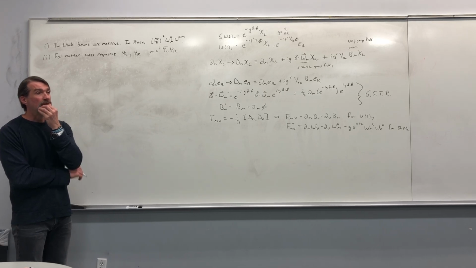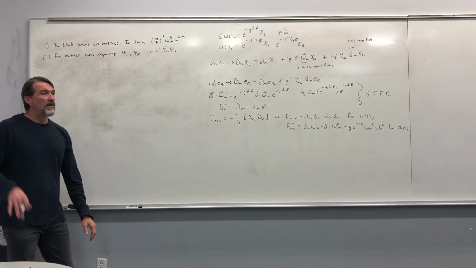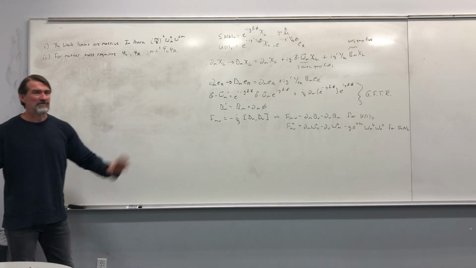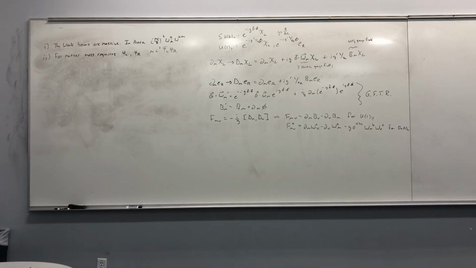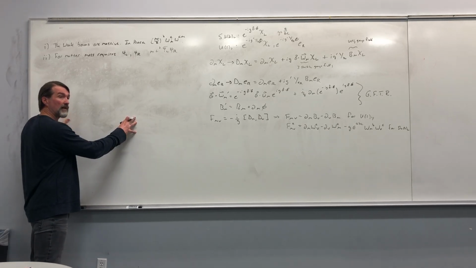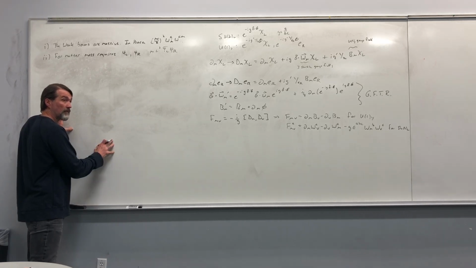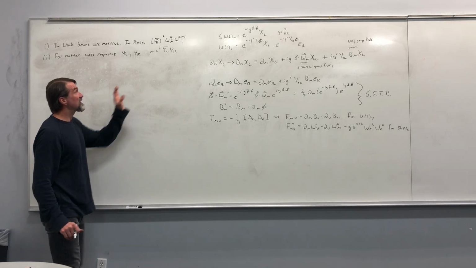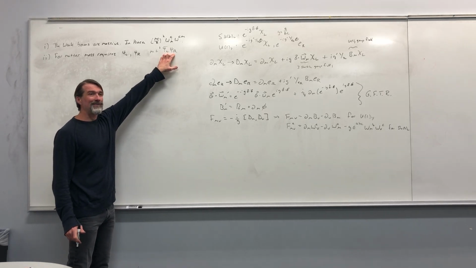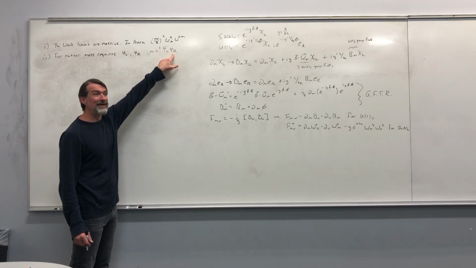Here's the problem. Before today, in all of the symmetry transformations we've talked about, there were no left and right parts of the story. Today, however, there is the left versus the right version of the story. And the left symmetry is different than the right one. The left is SU2 left, the other one is a U1 which acts on both. So my question is, is this term right here invariant under SU2 left? No, it's not. You can transform the right part, but you can't touch this with SU2 left.